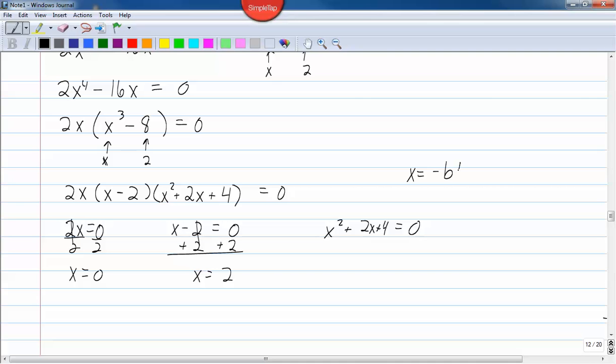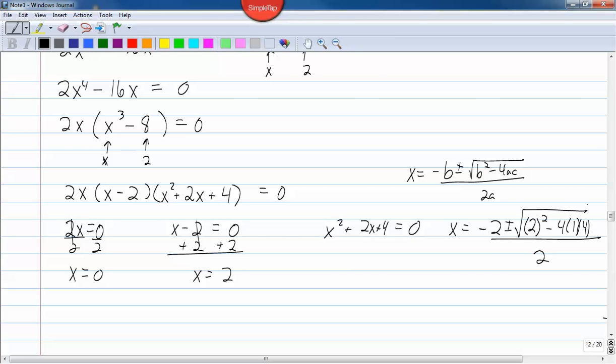So that's negative b plus or minus the square root of b squared minus 4ac over 2a. So a is 1, b is 2, c is 4. So that's negative 2 plus or minus the square root of 2 squared minus 4 times 1 times 4, all over 2 times a, which was 1.